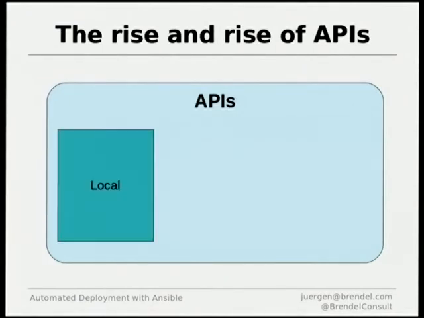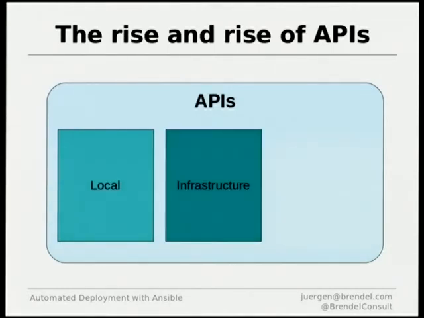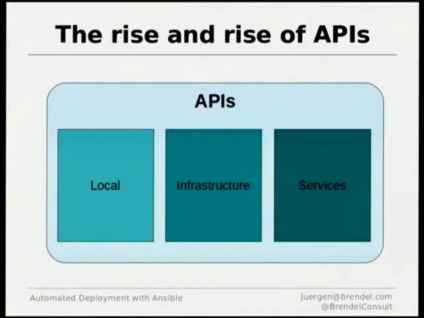We all know local APIs. You have POSIX on your machine, and even the command line in a way is an API which you can use programmatically. But for a couple of years now, we have seen infrastructure as a service, obviously, and services as a service, driven by APIs.